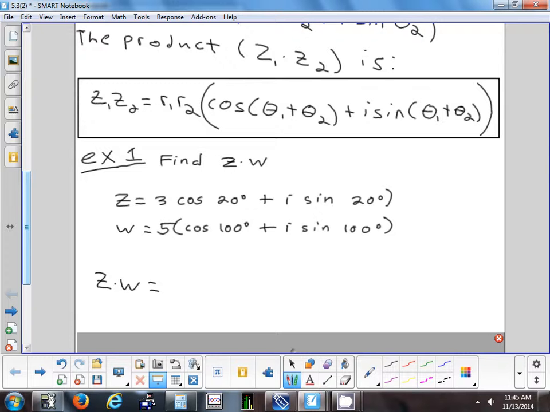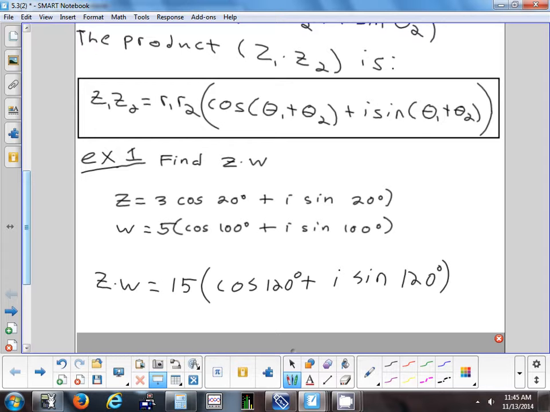Okay, start out with your radius. What's your radius going to be? 15, yep. 15 cosine, we need our angle, and then we need our angle again. The angle is 120. You're done. That's the whole problem.